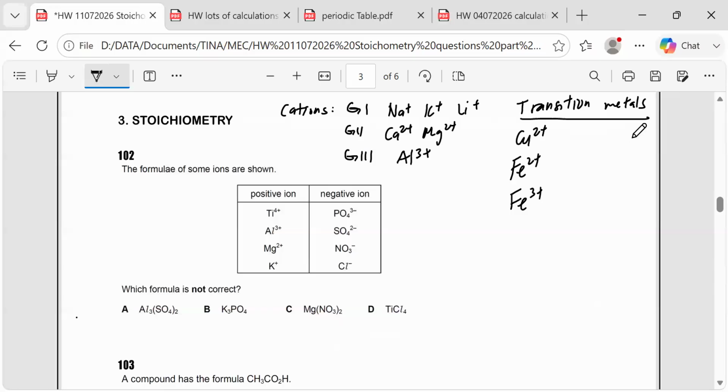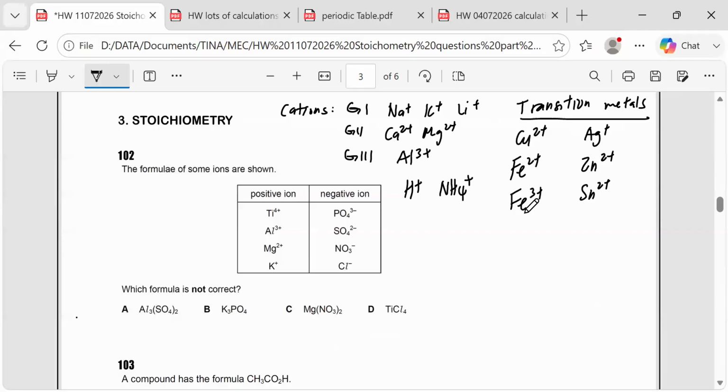And then there are a few that are not given the number, you have to memorize. For example, silver, zinc, tin. These are the ones you need to memorize. Non-metal positive ions, there are only 2: hydrogen, ammonium.